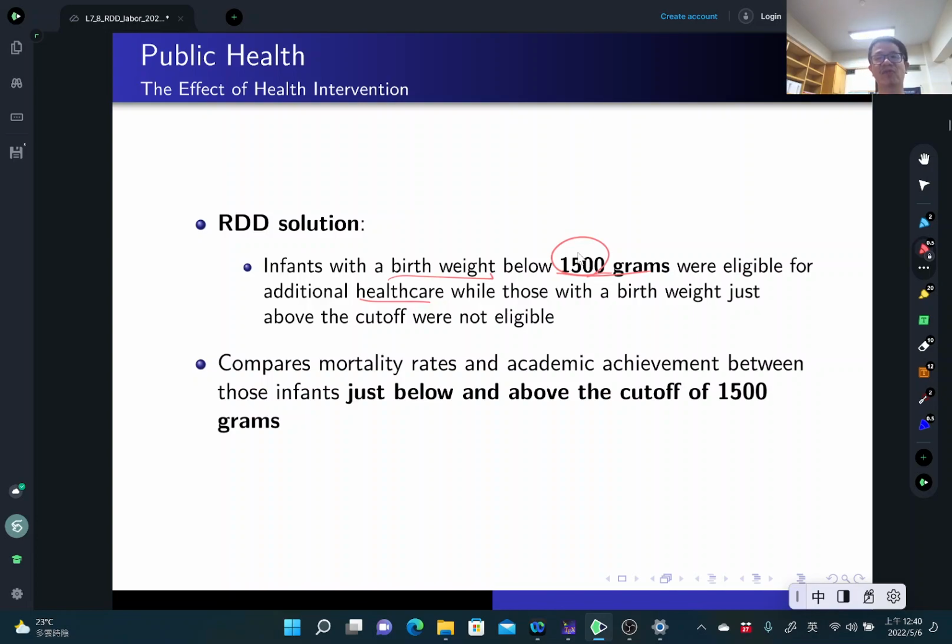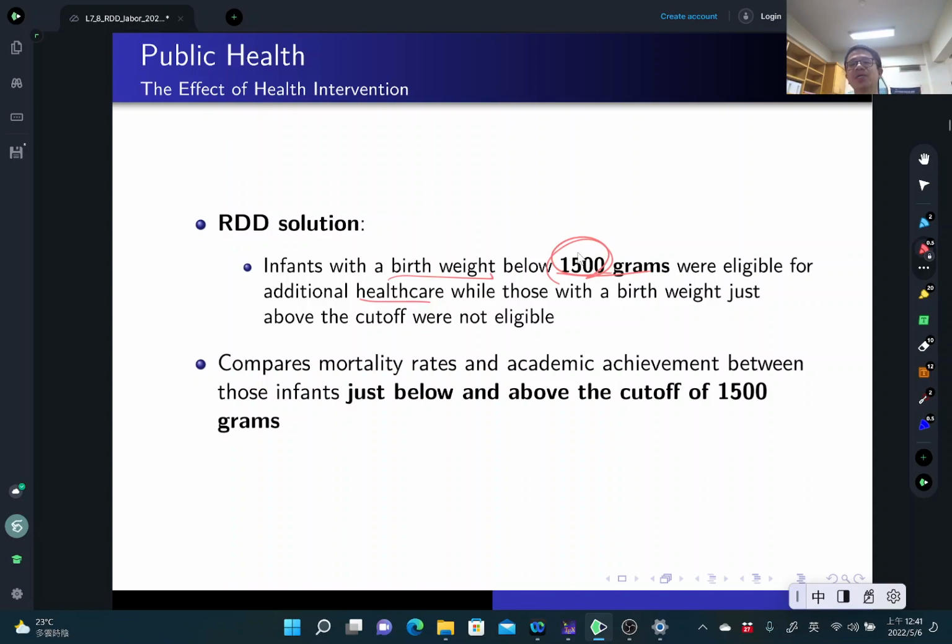So that will generate a very big discontinuity in terms of healthcare utilization, hospital stay, or other healthcare input around 1,500 grams. So for those whose birth weight is just below 1,500 grams, this baby will receive much more healthcare intervention.